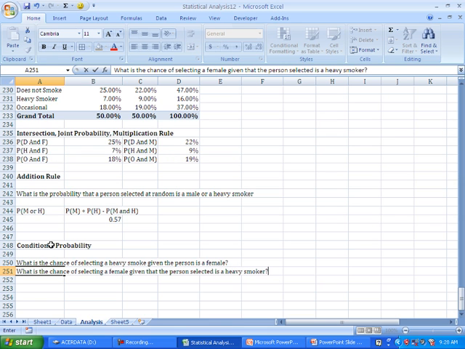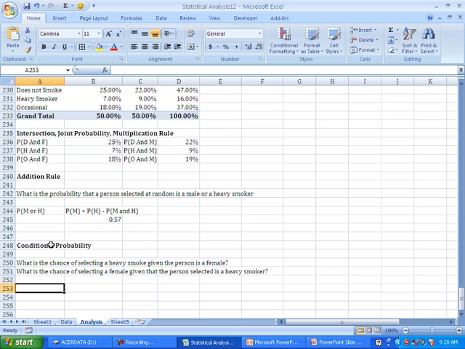Now, what are the typical scenarios that are coming out here? We are talking about, out of the two variables which we have used to form our contingency table, the value of one of the variables is known. In the first question, it is known that the person whom I have selected is a female.